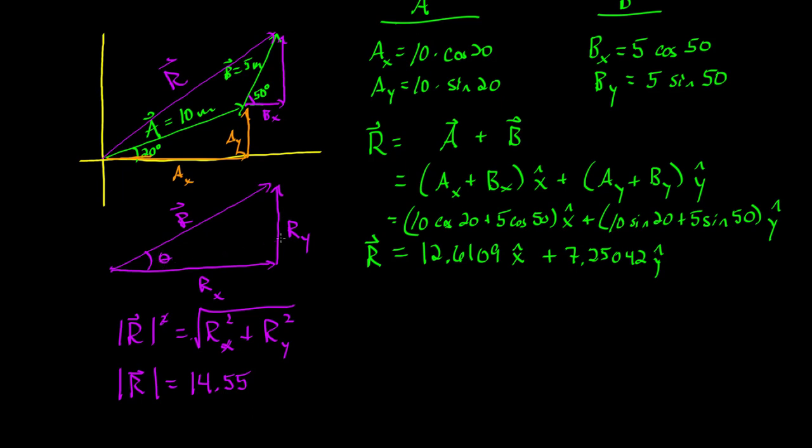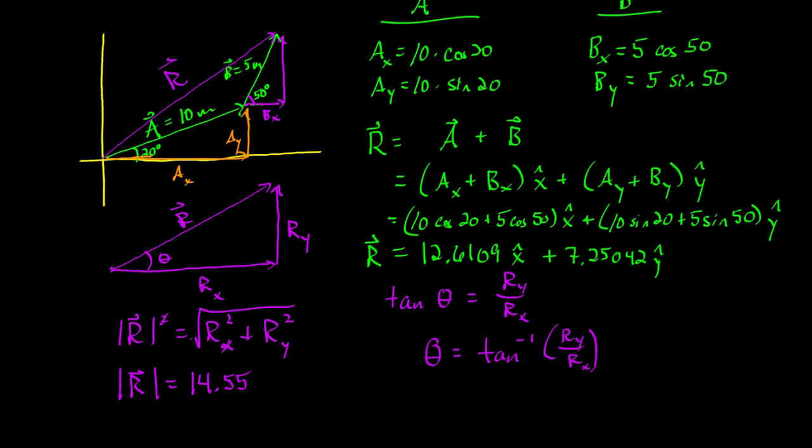The other thing we want to do is figure out this theta. I typically will use ry and rx because that's what we're solving for, and so it just makes it convenient. If I relate this angle, that would be the opposite, and this is the adjacent, and so that would be tangent. So tangent of theta would be ry over rx, which, solving for theta, we would get theta is going to be inverse tangent of that ratio, ry to rx.